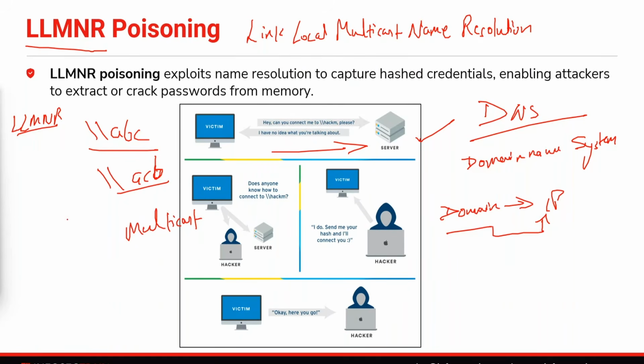There are a few terms. One is broadcast, which means one to all communication: if I send data by broadcast, it is sent to all the devices in the network. But multicast means you are sending data to only a few devices, not everyone in the network. This is called one to many communication.